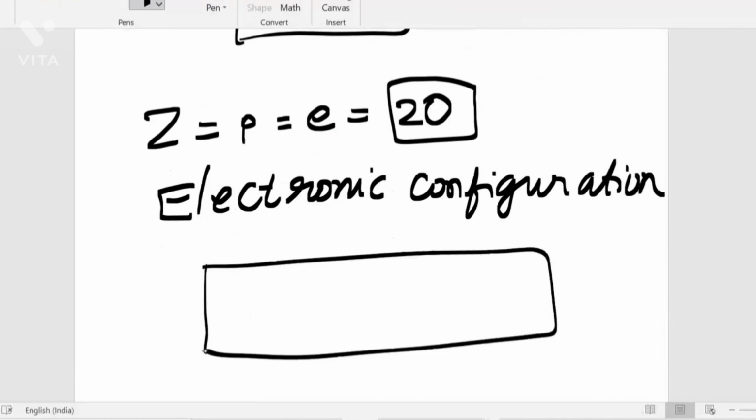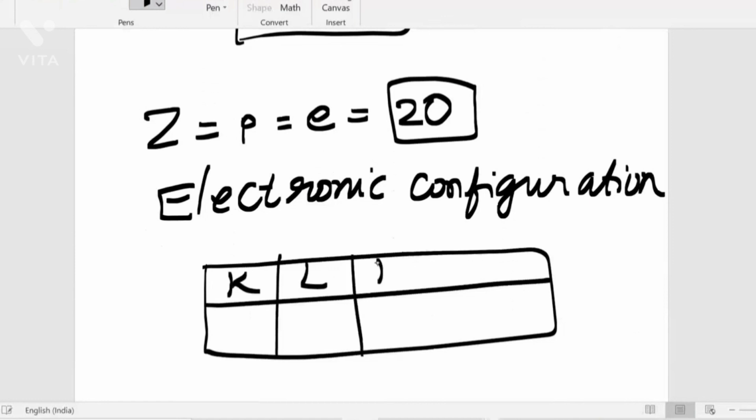So if you're given any atom, first you have to draw the shells and see how many can be occupied. 20. So first we will draw K, L, M. Then we'll wait. Only if extra comes, we'll draw the next one. For K, the maximum capacity we learned from the table is 2.